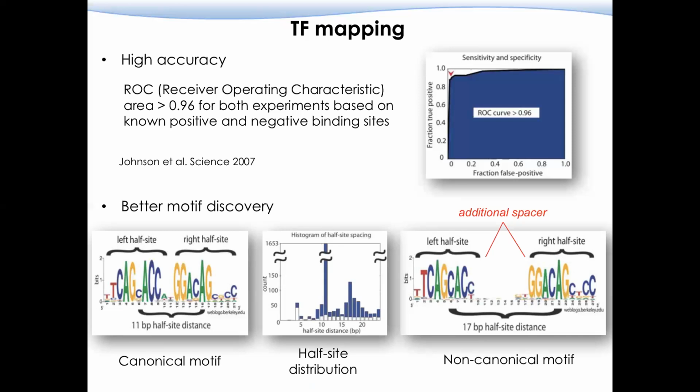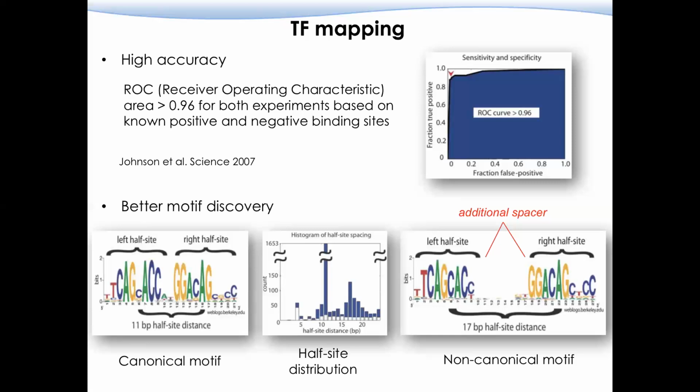But in their sequence data, when they identified binding sites and did sequence analysis, they found many peaks. They calculated the distance from the left half side to the right half side, and found that most match the canonical motif at 11.